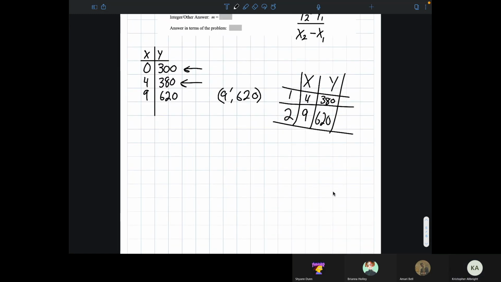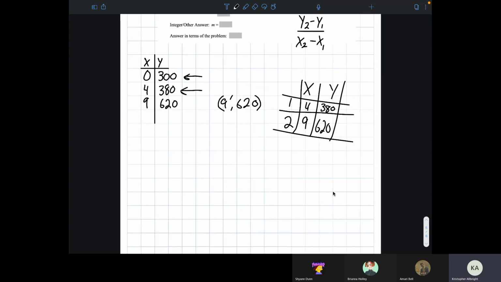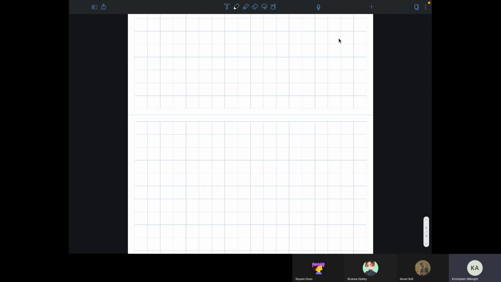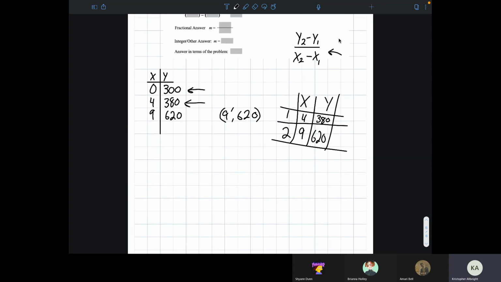Now we plug into our slope formula. So y2 is 620 minus y1, which is 380, over x2, which is 9, minus x1, which is 4.